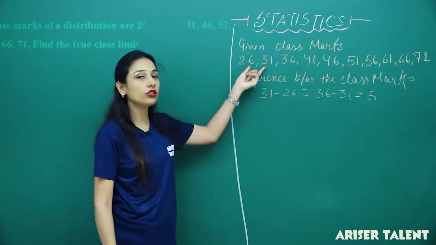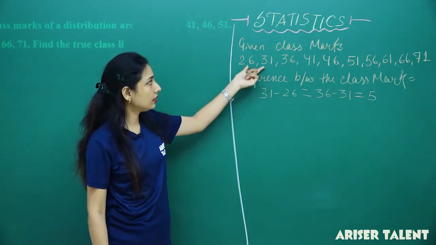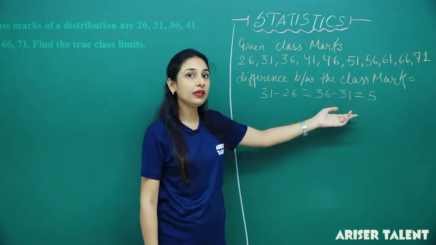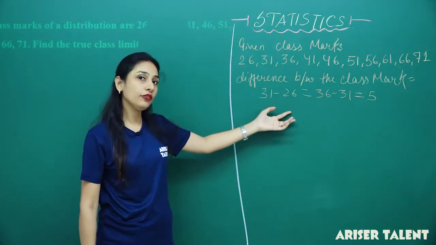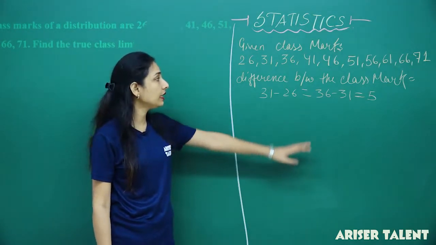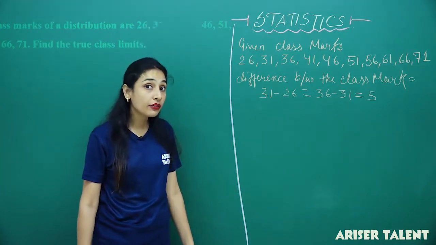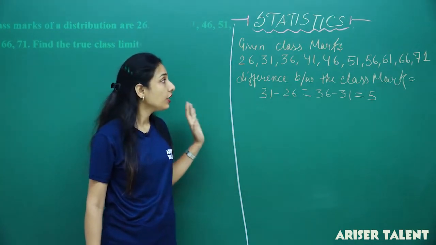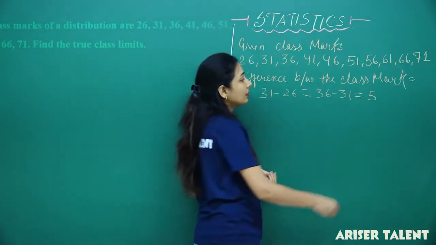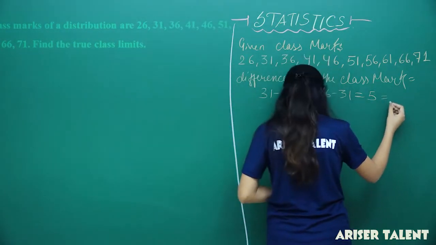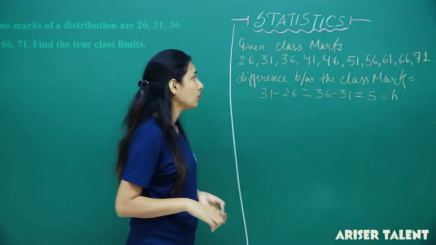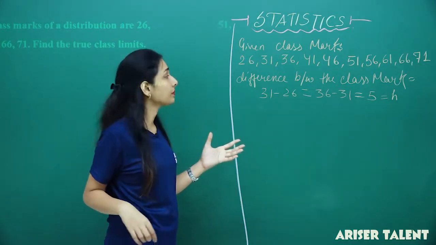If you pick two consecutive numbers from the class marks and take the difference, the difference is 5. That means they are uniformly distributed, and the interval is 5. Now, this difference is termed as h.